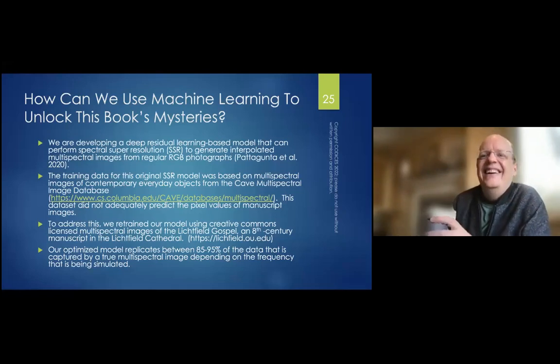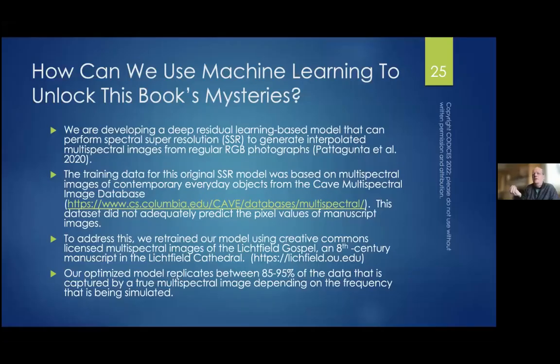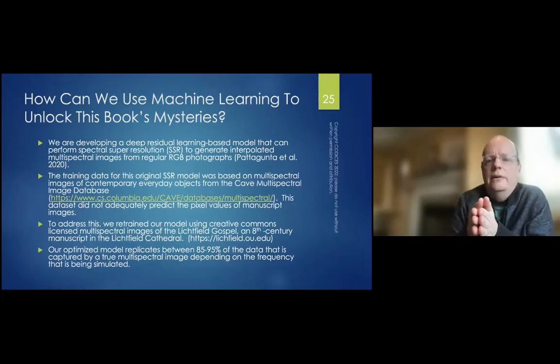So basically it's the standard data that most digital cameras use. So can we use something that you capture with a normal camera to do this kind of investigation? What we've been working on is this: our colleagues in computer science, for other work not related to the books, developed the process of superspectral resolution.